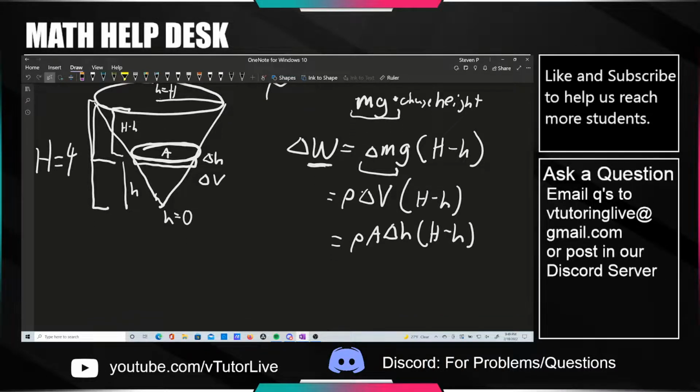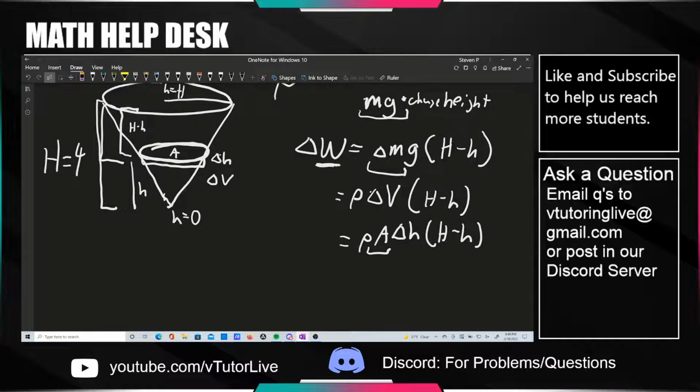Hopefully not too bad. But at this point, we just need to break down this expression for area a little bit. It's going to look like our previous problem, but we need to put area in terms of h, because this is going to be our integration variable, right? We're going to integrate with respect to this in a moment. So how do we put area in terms of h?